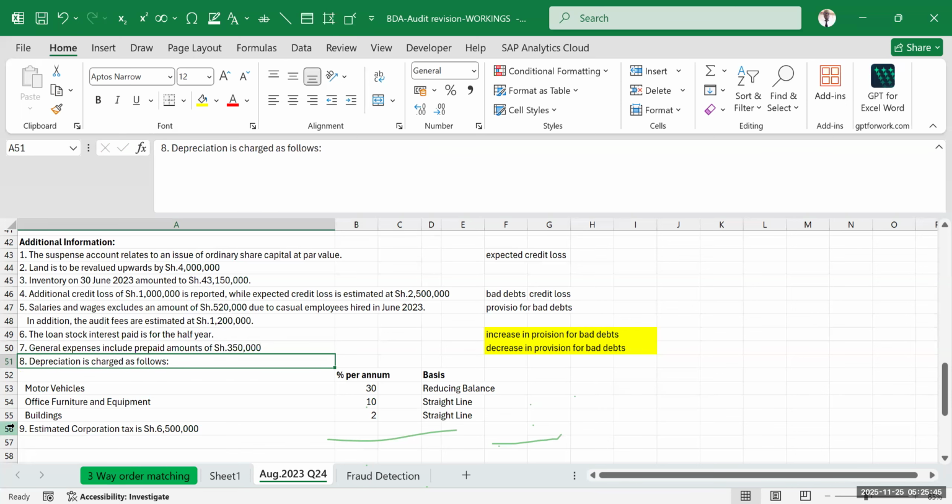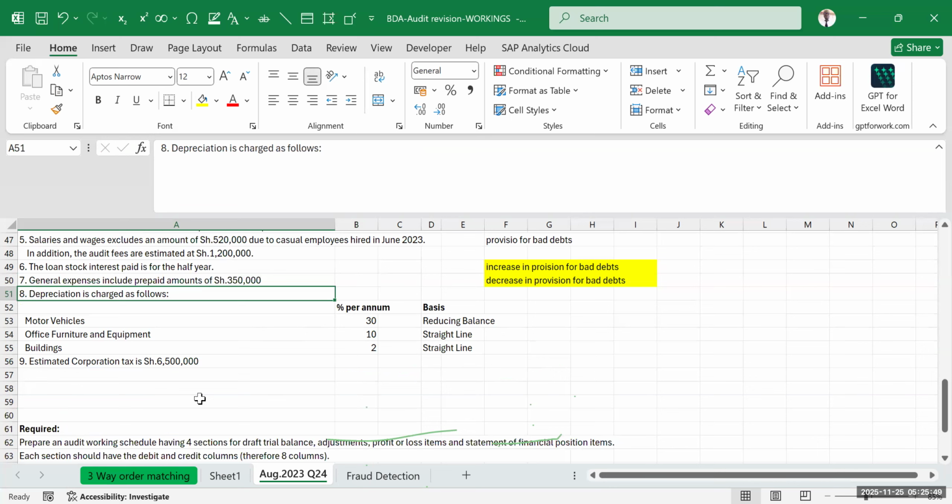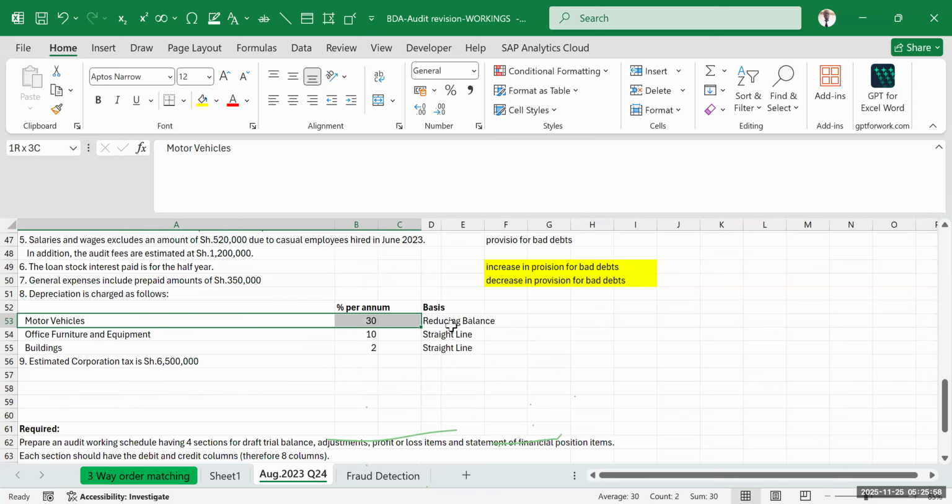Number 8, we are told about depreciation, which is charged as follows. They are saying motor vehicles is charged at a percentage per annum of 30%, and it is being charged on a reducing balance basis. You can see this is simply a financial reporting concept, which we've handled on several occasions. We just want to look at the entry.